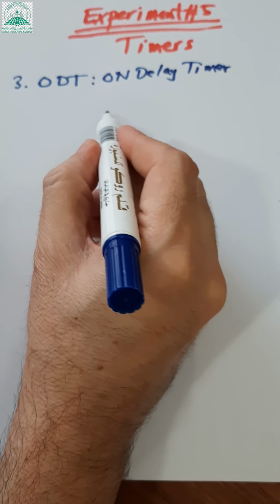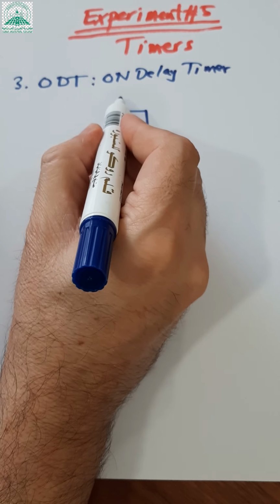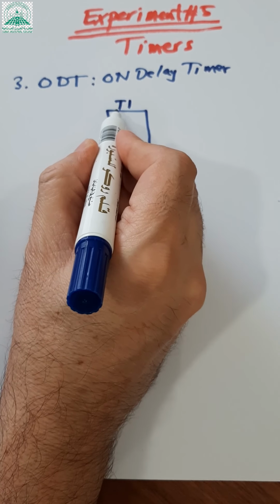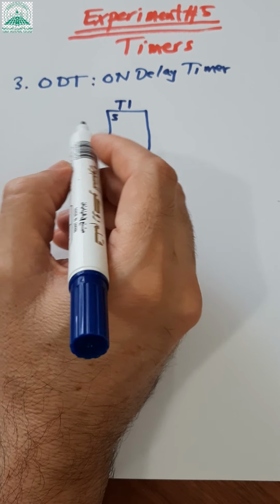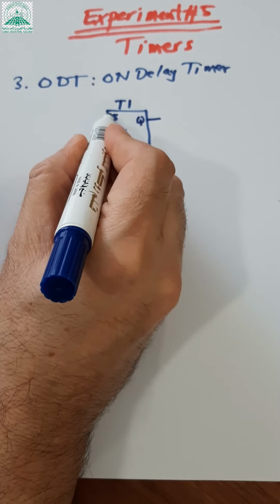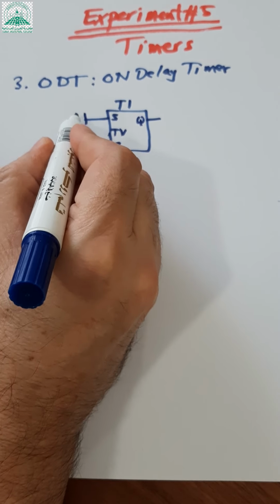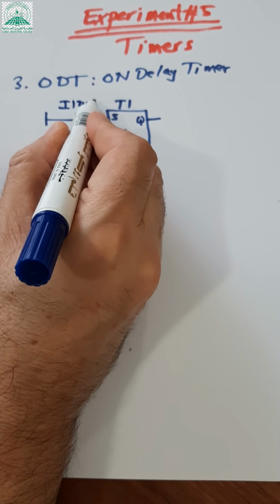We have the timer block as usual. This is the timer block. Here we put the timer number, for example T1, here S, here R, here the TV value, and here is the output. We connect the S input to any input, for example I124.0.